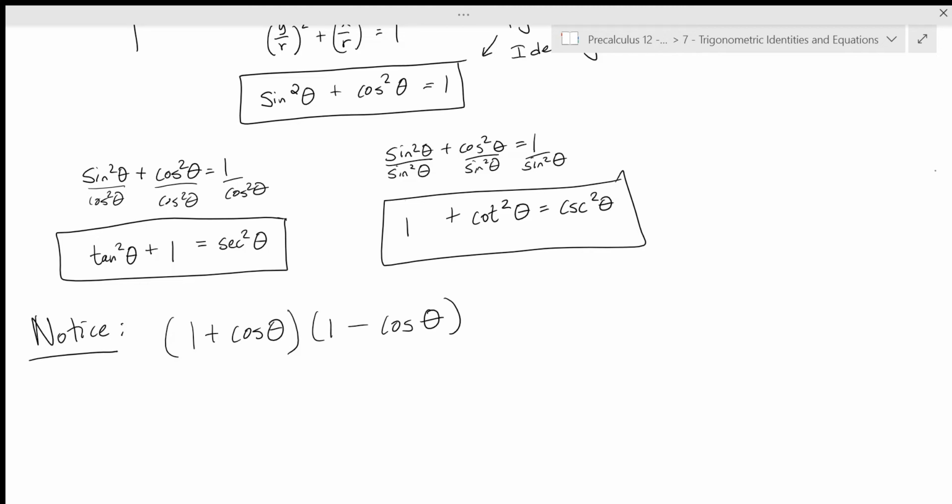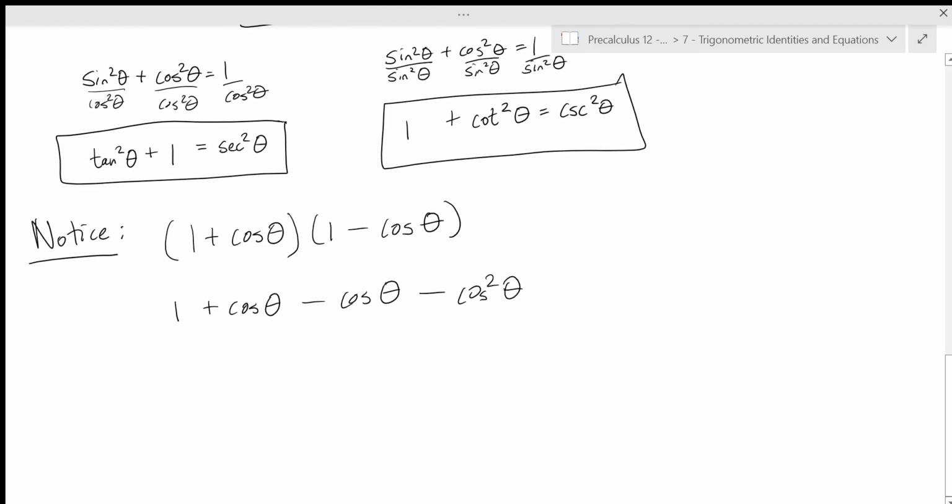1 times 1 gives us 1, plus cos theta, minus cos theta, minus cosine squared theta. The plus cos theta and minus cos theta cancel, so I get 1 minus cosine squared theta.